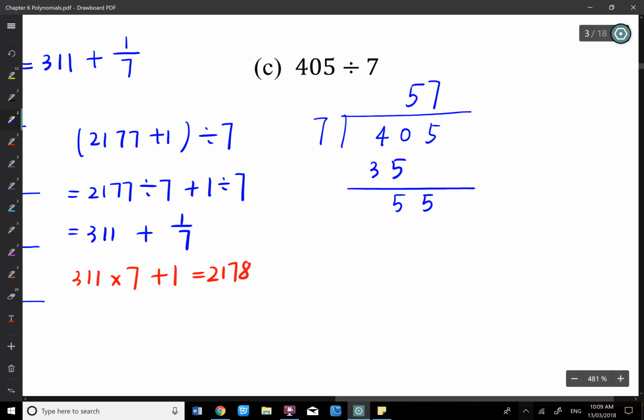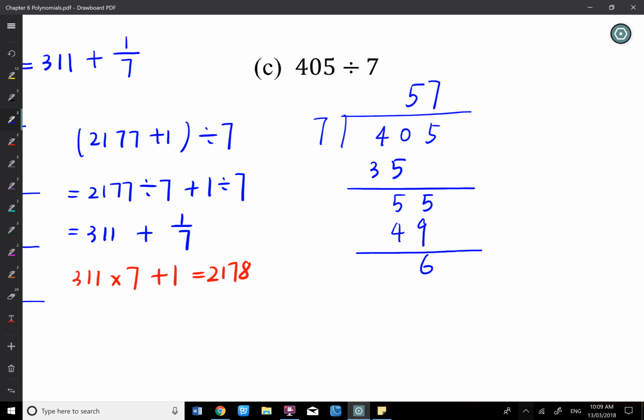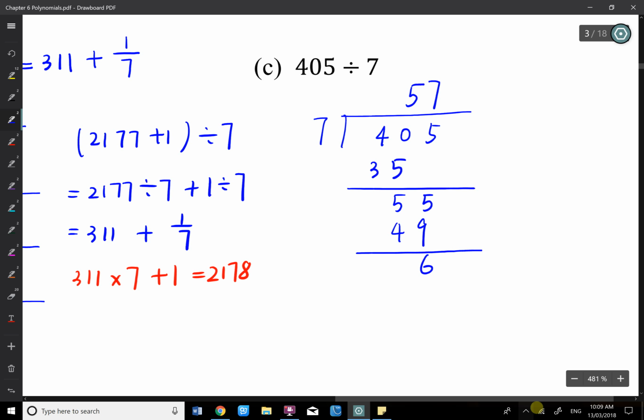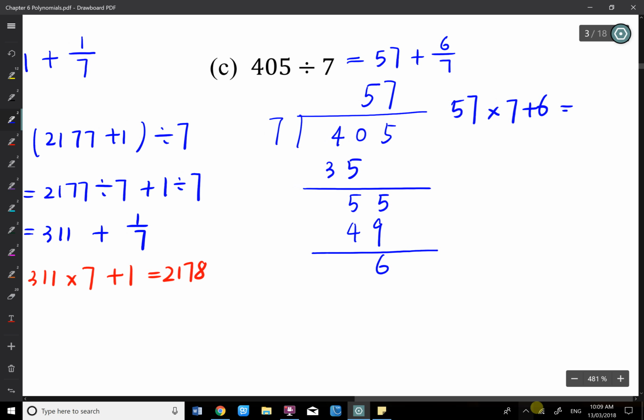So it's 7 times 7. And subtract, we have a remainder of 6. So the result I can write here is 57 plus 6 over 7. Or I can write as 57 times 7 plus 6 equals 405.